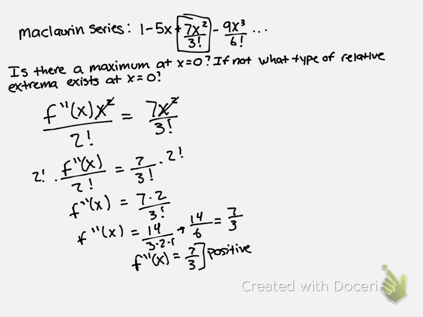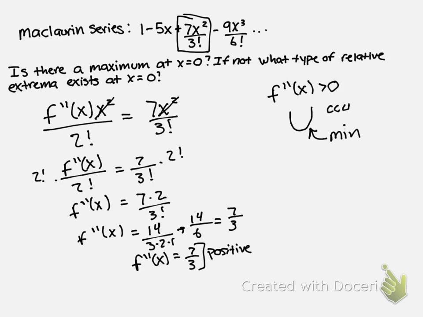So again, if our f double prime of x is greater than 0 or is positive, then we know that we are concave up. Which shows, when we draw a sketch, we know that there is a min.